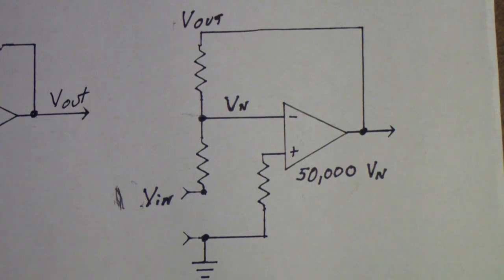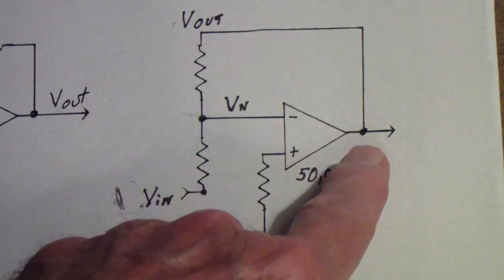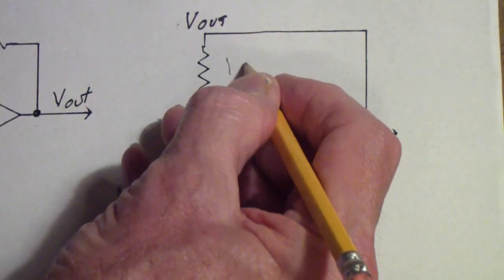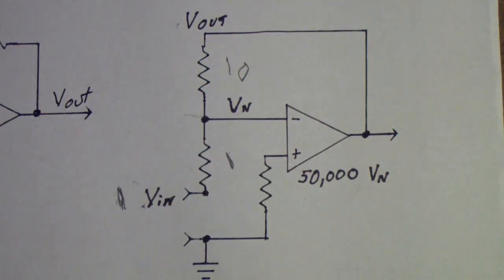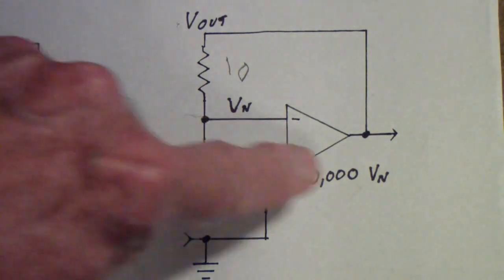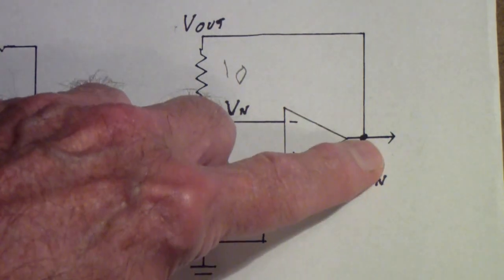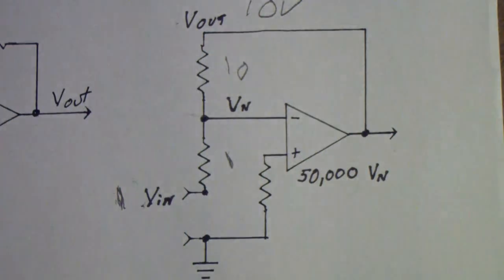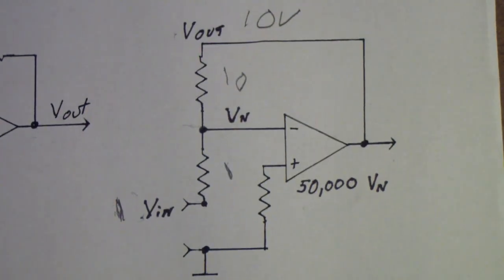What you would think is, well, if you have the equation of RF over RN, that means that if this resistor is 10 times this resistor, then this overall stage will have a closed loop gain of 10. The output voltage will be 10 volts. But that's not actually what's happening.